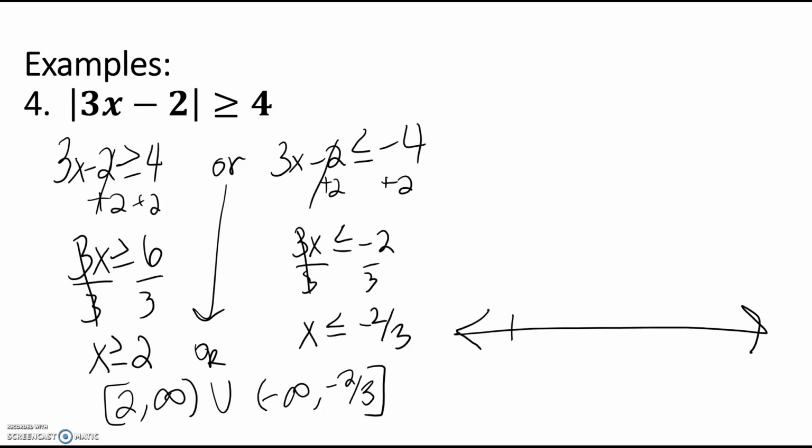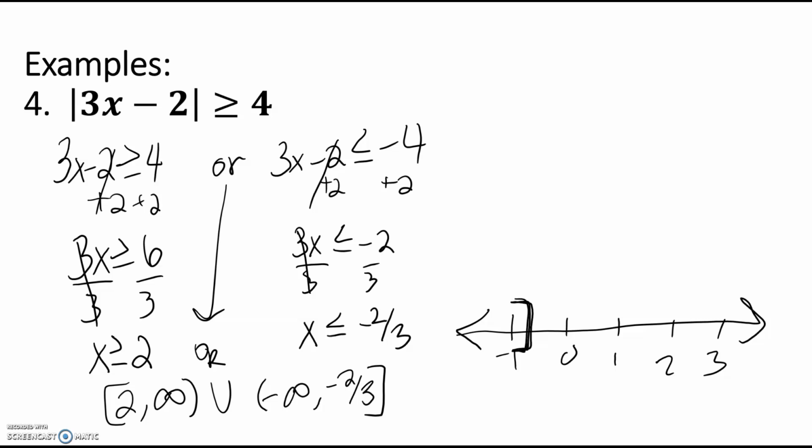So when we graph this, we're going to have a negative 2/3 on our graph. Remember that would have been a closed circle, so with our new graphing, make sure you are putting a bracket.